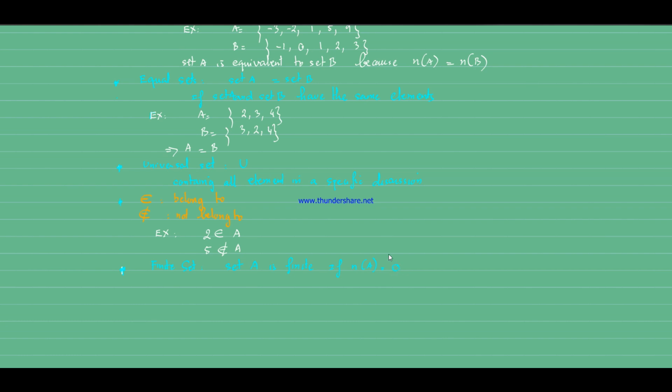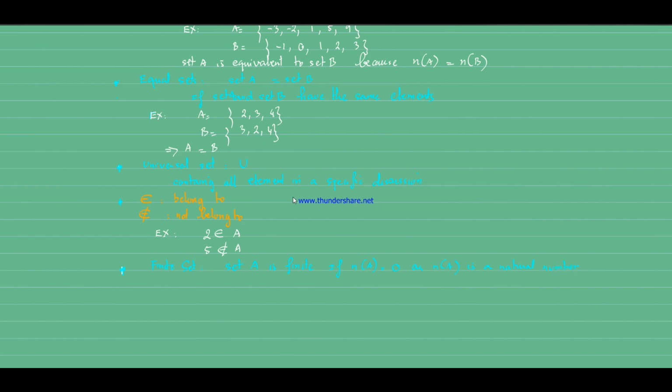That is actually the empty set, because there's no element in that set, so the cardinality is 0. So the empty set is a finite set. Or the cardinality of A is a natural number.